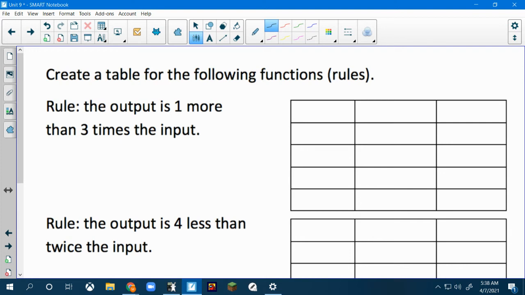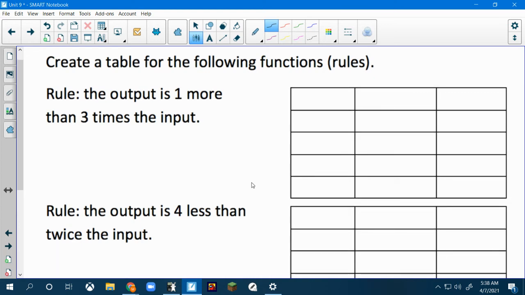Okay, on your own, you're going to create your own function tables. You can do whatever you want. I'm going to put in some here after, but do your best to have your own rules here. Remember, this is your x, this is your y, this is your f of x, your rule.